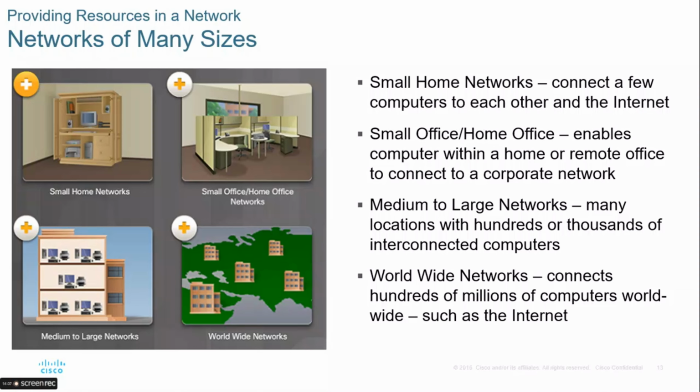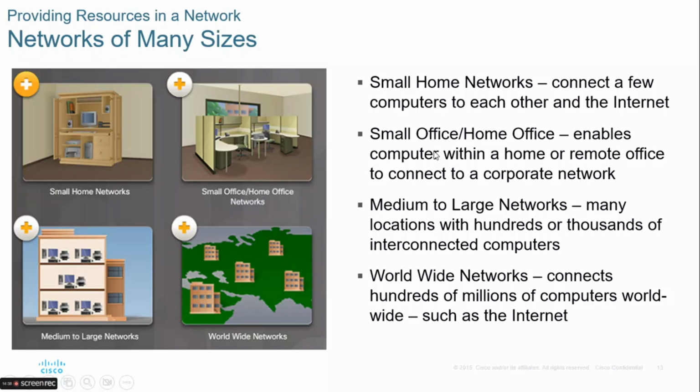These are just connected to a few computers to each other and the internet. It means these are the selected few computers in a home that are connected to the internet. For example, in this cupboard here, you can see this is just one TV screen here. We can say that this is one computer. If it is connected to an internet, that one forms a small home network.